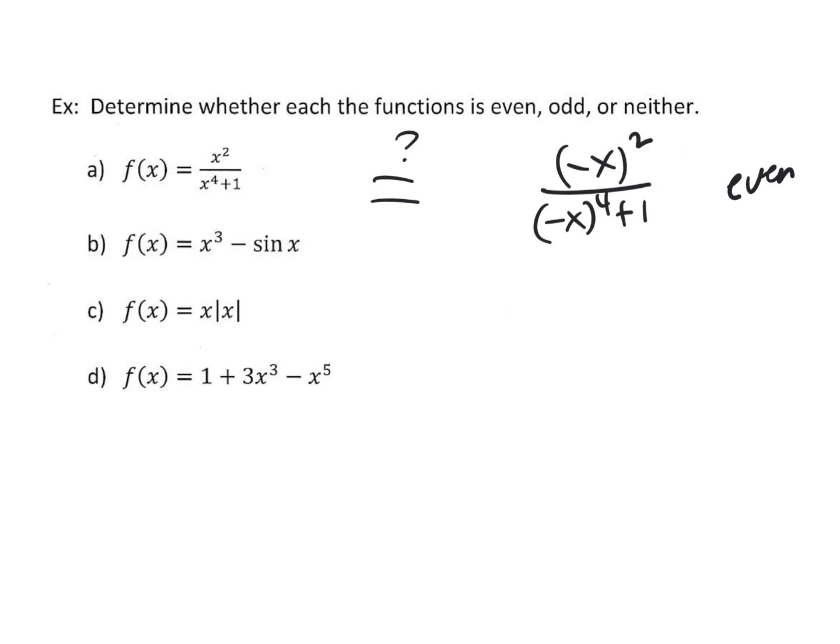Now, we said B. Let's just keep going. No, let's do D. I got more room down here. We said probably odd, right? So then I go, okay, negative y. I'm going to take the f of x out just because it's easier to deal with. And I also have to change the x to negative.